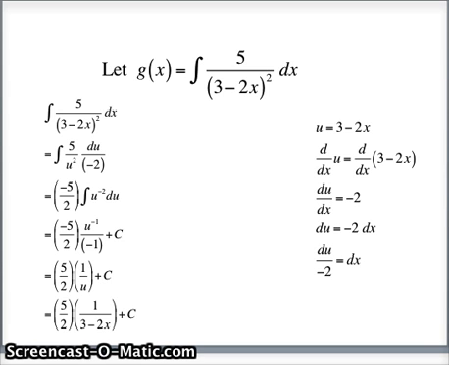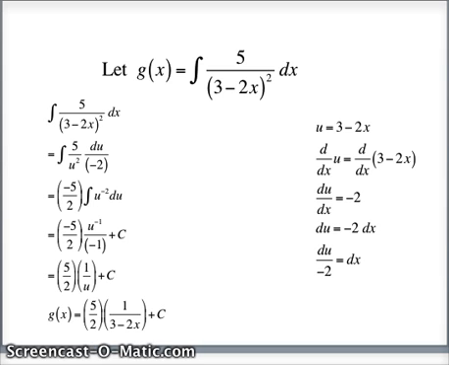We're going to choose to ignore the c for now, but you'll recognize 5 halves times 1 over 3 minus 2x is in that a naught over 1 minus r form. And that will enable us to do a power series for that function. Once we have a power series for g, we can construct a series for f.